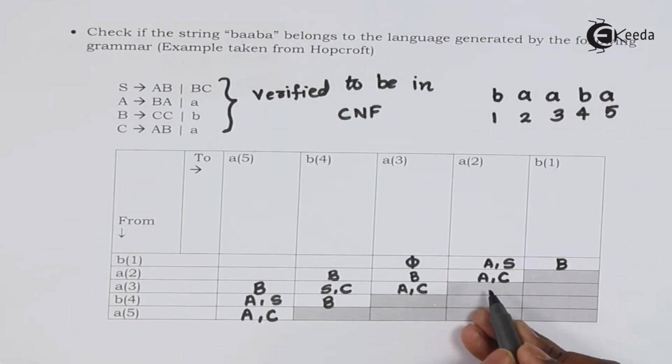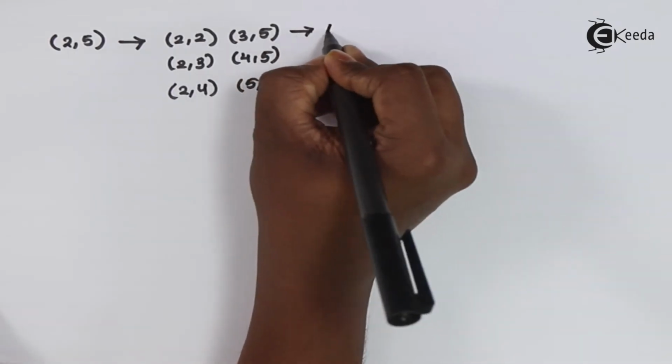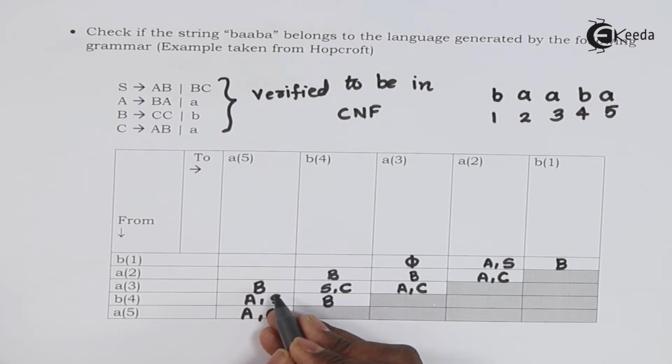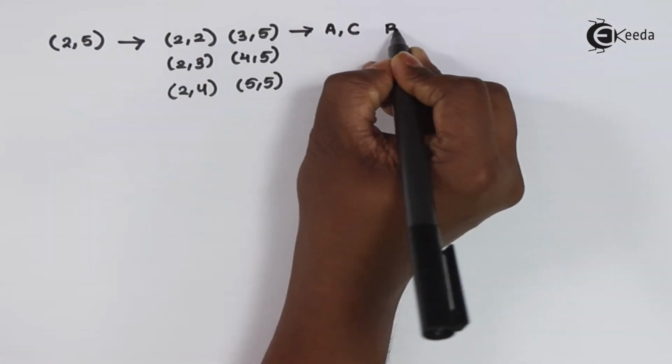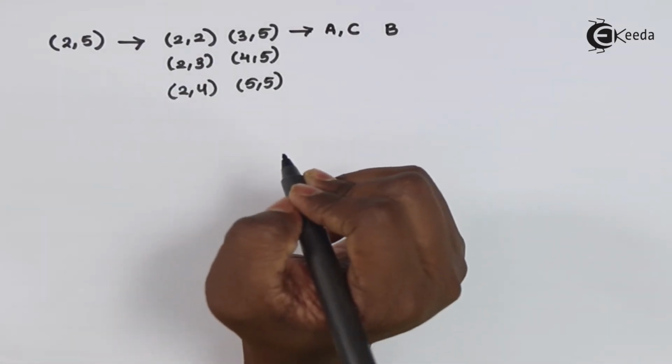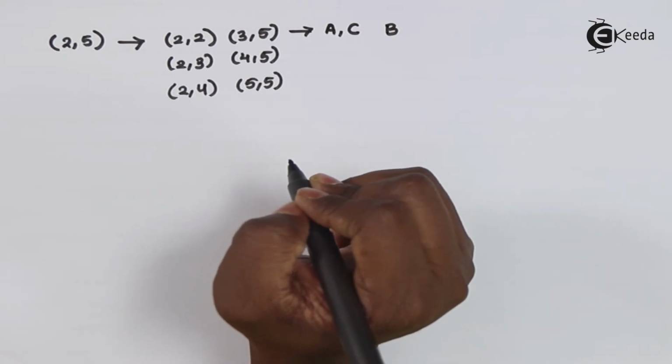From the table you will see that 2 2 is generated by A or C, 3 5 is generated by B, hence the concatenation must be AB or CB.